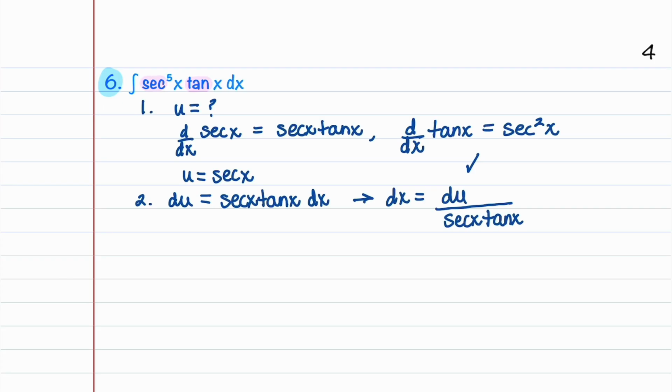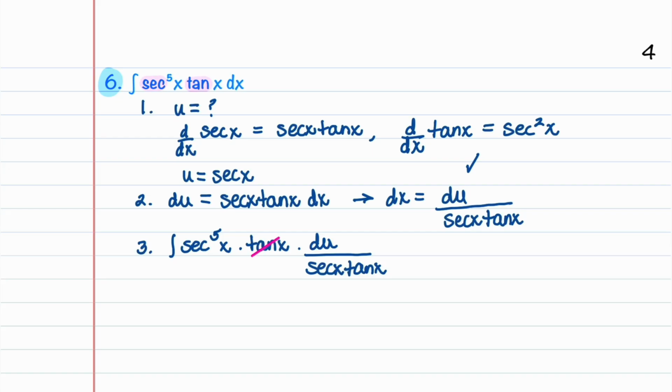When we're doing a substitution like this that's complicated, in step 3, we want to start by just substituting back in dx. This gives us the integral secant to the 5th x times tangent x times dx, which is now du, all divided by secant x tangent x.